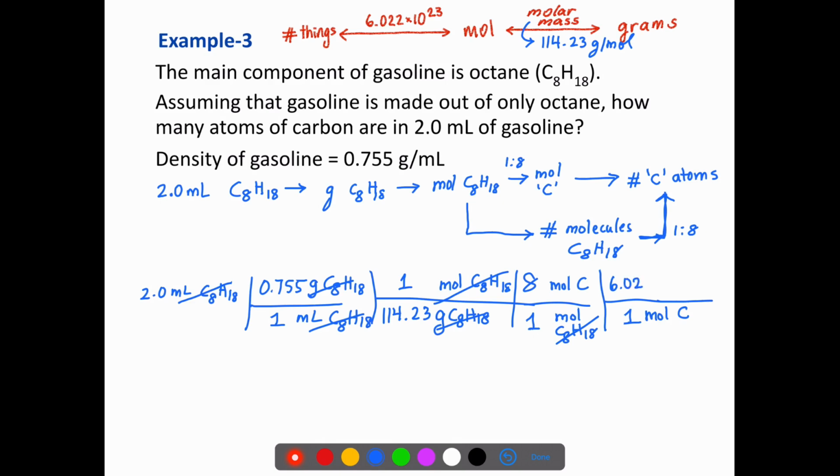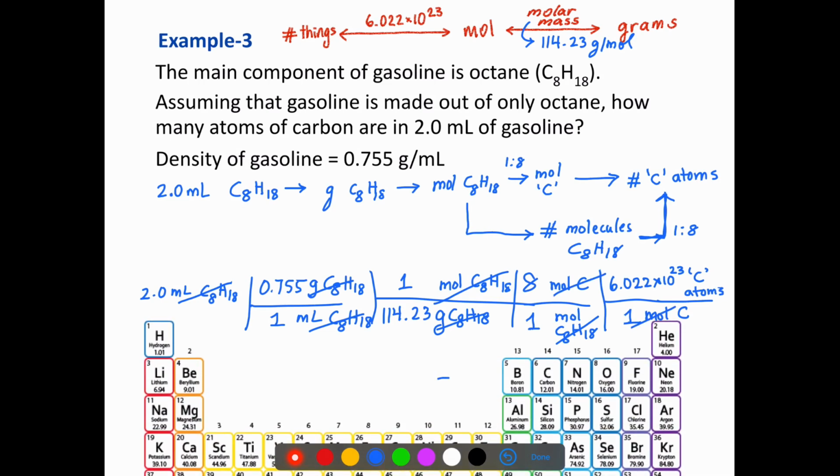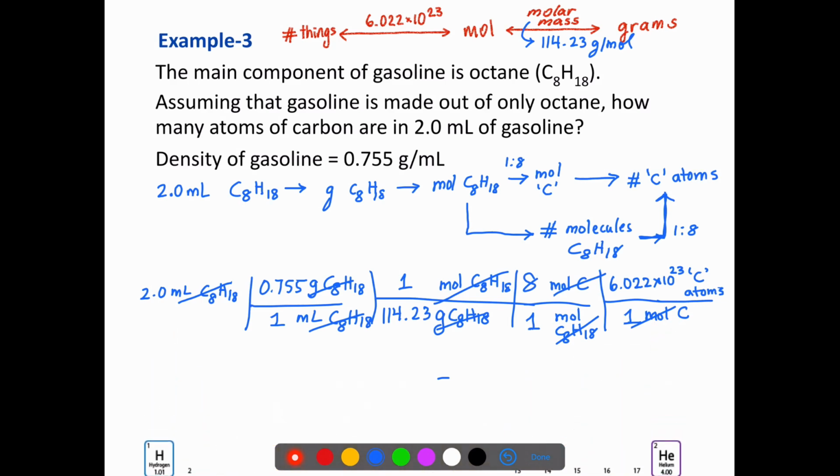So 1 mole of carbon means Avogadro number of carbon atoms. Okay, so cancel the moles of carbon, and you're going to end up with 6.4 times 10 to the 23 carbon atoms. Please check my work. Make sure you're getting the same answer.